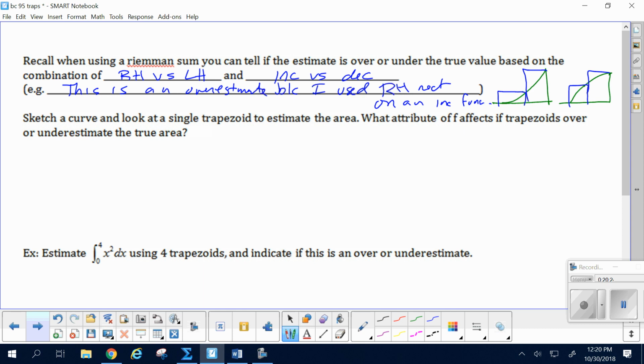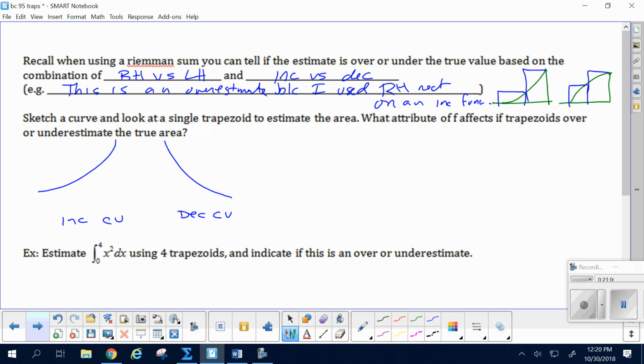Now, trapezoids. Sketch a curve and look at a single trapezoid to estimate the area. Just one. What attribute affects whether trapezoids over or underestimate? Let's talk increasing. Would you graph for me increasing concave up versus decreasing concave up?